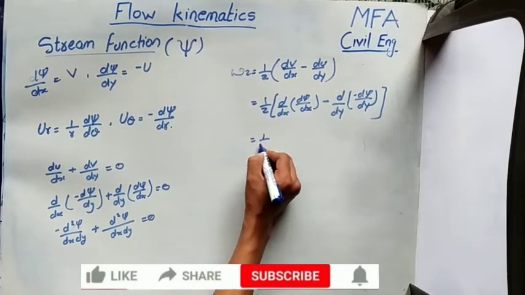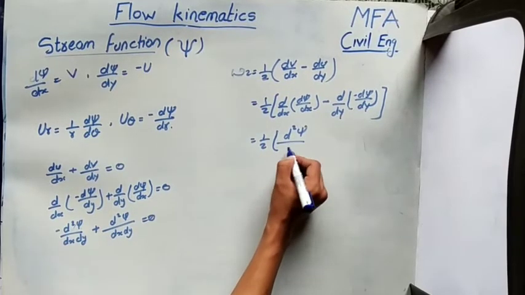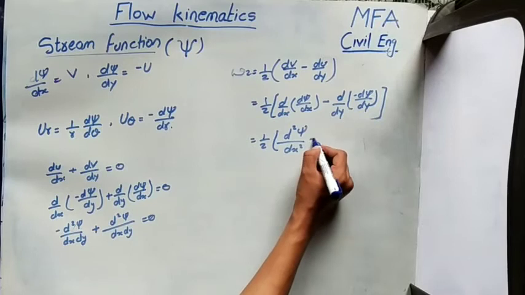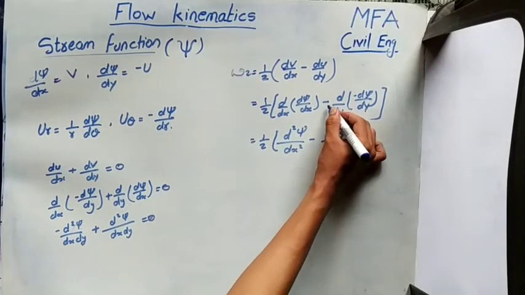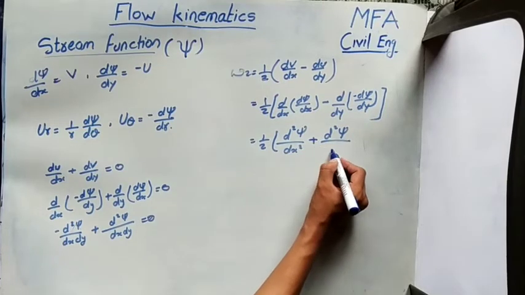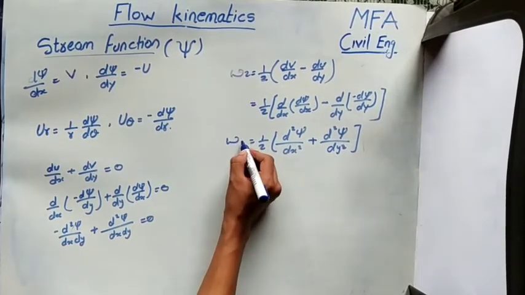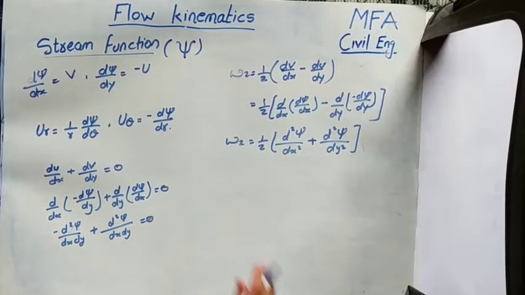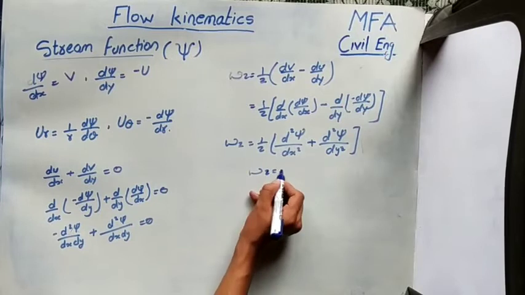Now it becomes 1 upon 2 of d2 psi upon dx square minus d2 psi upon dy square, minus and minus get plus, which is equal to omega z.